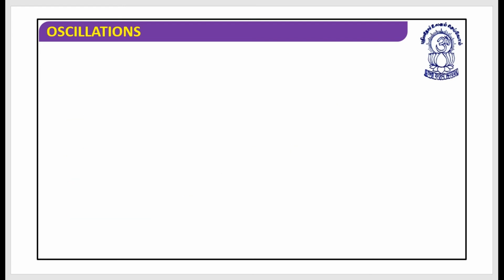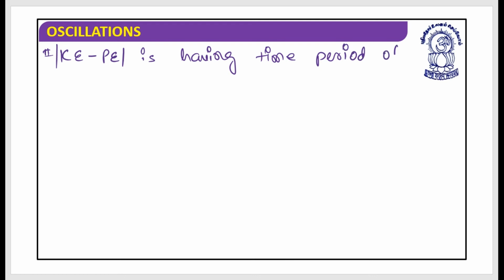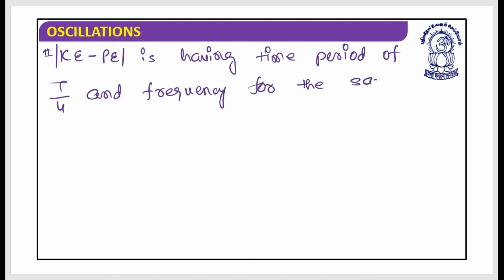One more thing, what about the time period of kinetic energy minus potential energy? I will keep this in a mod so that it has a positive value only. It has a time period of T by 4 and frequency for the same is 4f.